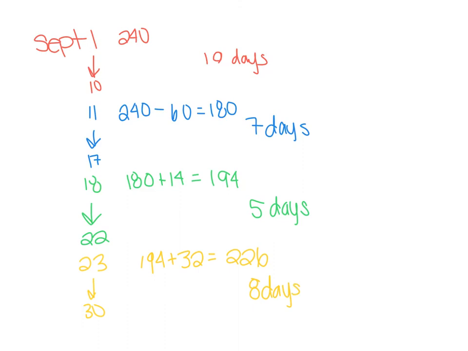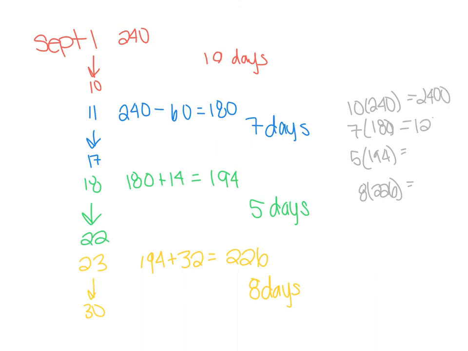So now we need to determine what the average daily balance is. The first thing I'm going to do is my days times the amount. If you do each of those, you should have 2400, 1260, 970, and 1808.